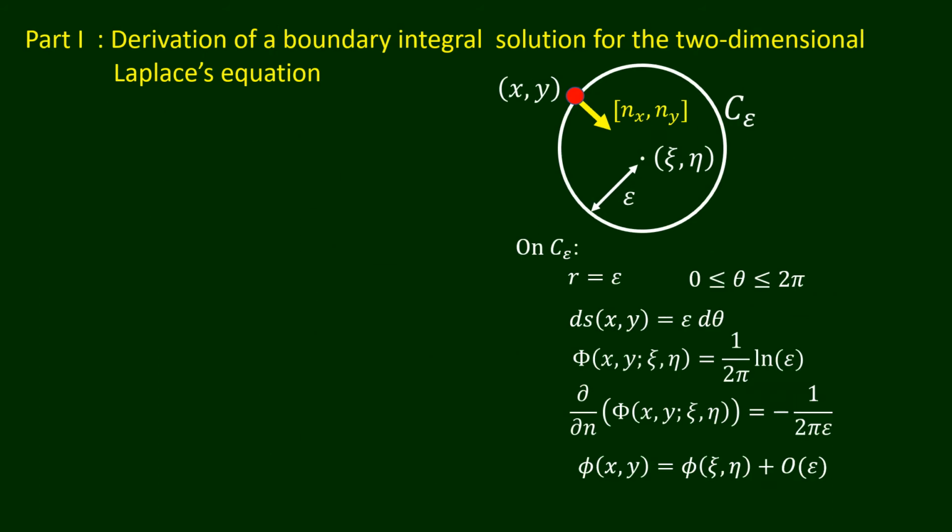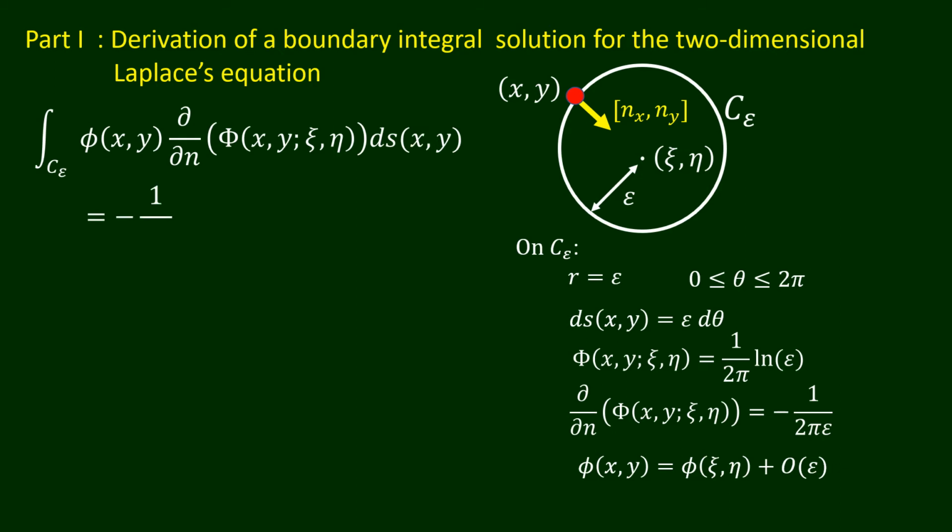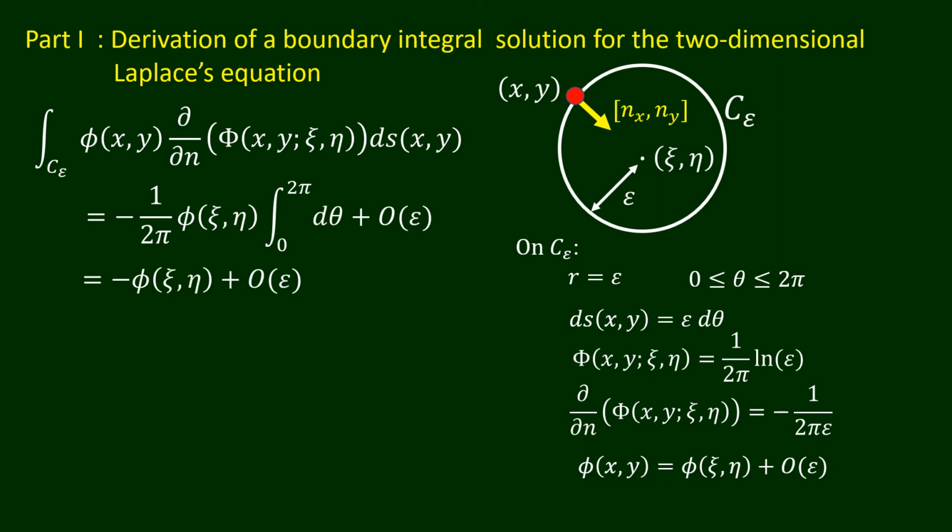From the information that we gather on the circle C epsilon, we find that the integral over C epsilon of phi, del capital Phi over del n, ds, equals minus 1 over 2 pi times phi(xi, eta), times the integral from 0 to 2 pi of d theta, plus O(epsilon) terms. Which reduces to minus phi(xi, eta), plus O(epsilon) terms.